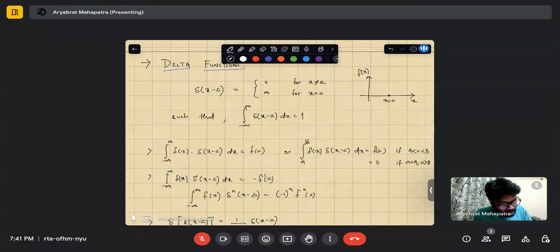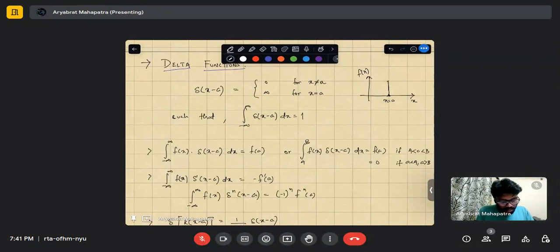So right at this point, I will have a sharp peak. So this is simply a sharp peak you will get at the point x equals a. So that is the function, or rather, a distribution.